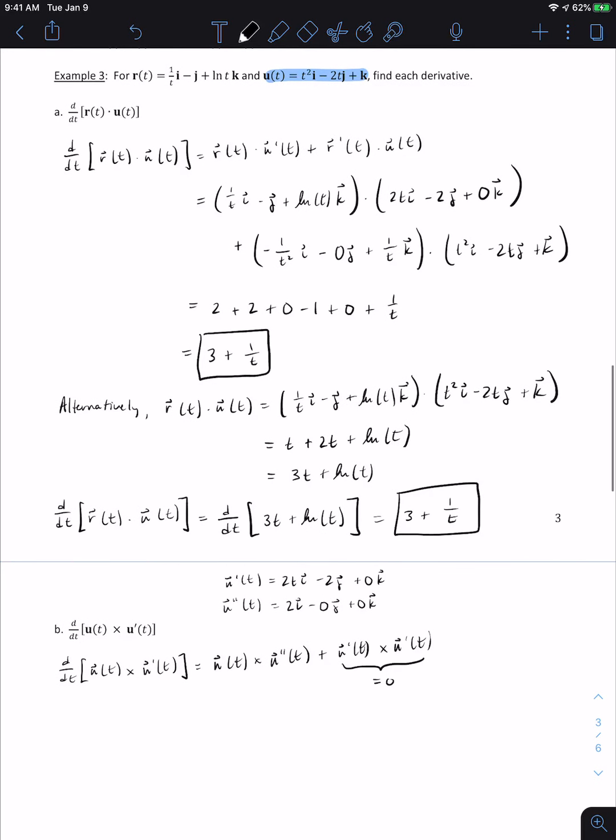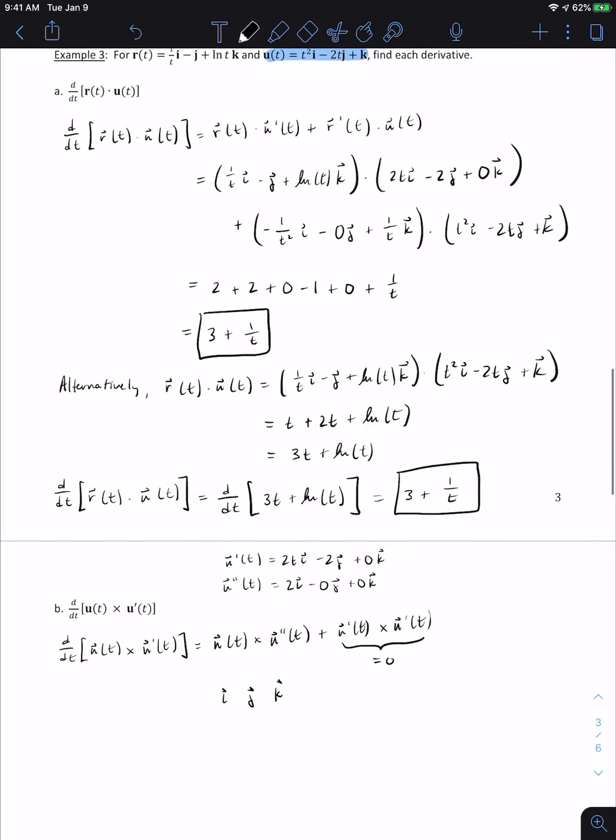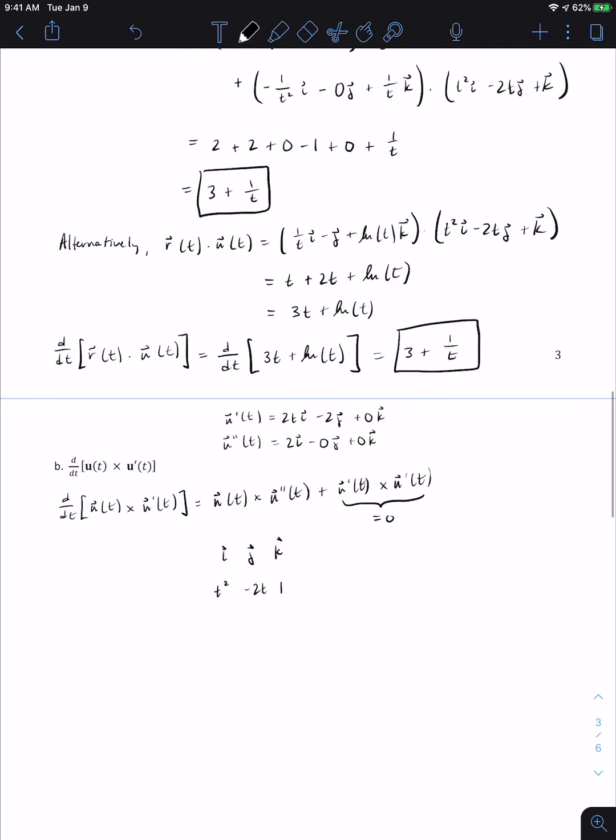When I plug in, I get i, j, and k for my cross product. I get t squared, because I'm putting u in, then minus 2t and 1, and when I put u double prime in the third row, I get 2, 0, and 0.